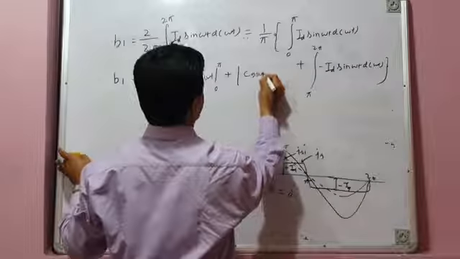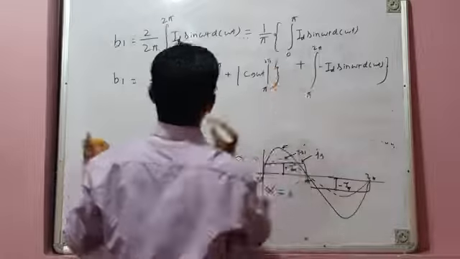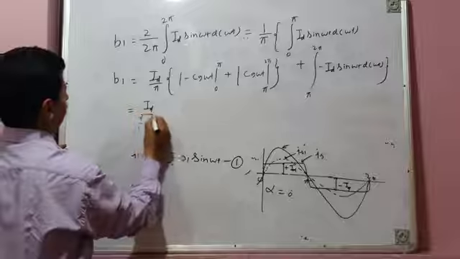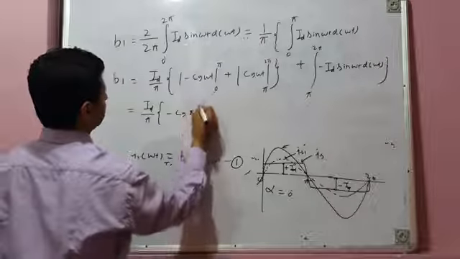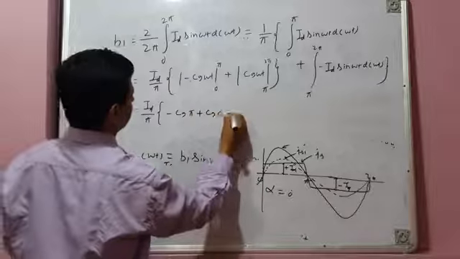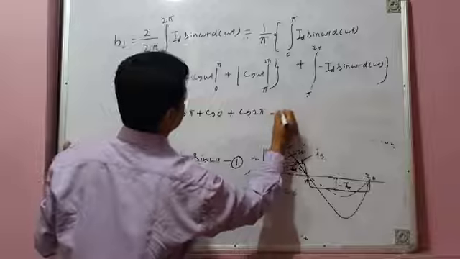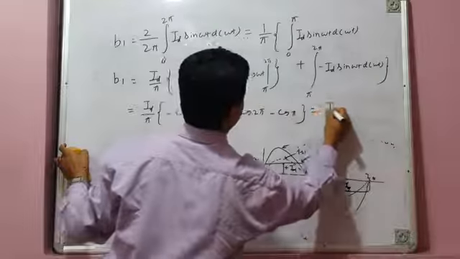So this is plus cos omega t from pi to 2 pi. Close. So it is equal to Id by pi, this is minus cos pi minus minus plus cos 0, plus this is cos 2 pi minus cos pi.